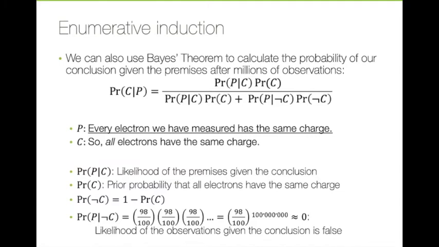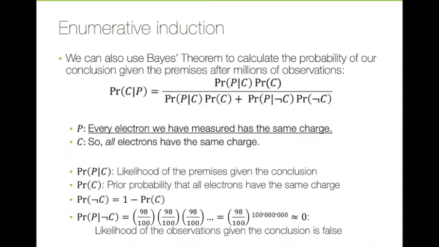So that means every new observation, we're saying we have about a 98 out of 100 chance of getting a different charge. That 98 out of 100 number is like thinking that it's very likely that every now and then we'll see an electron with a different charge, even if it's the case that most of them have the same charge. The thing is, though, if you do this 100 million times, you have to multiply all those chances together. That uses the simple conjunction rule.